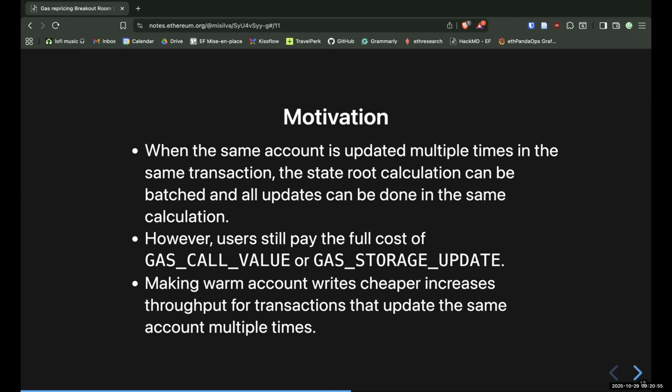However, users are paying the full costs of the gas call value or gas storage update if we are updating a slot. And so this doesn't match the actual resource utilization, because the first account update should be more expensive than the later ones. If we can make this adjustment, making warm account writes cheaper would increase throughput on these specific transactions, the transactions that update the account multiple times.